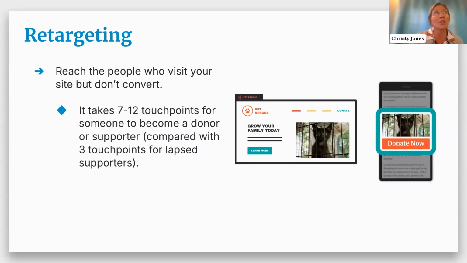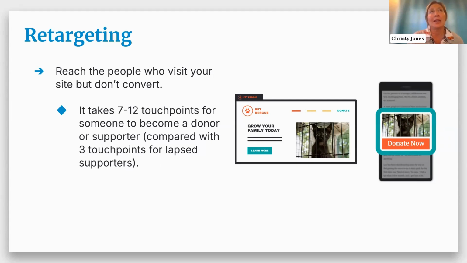When we are driving folks to those pages, if they land but don't click on any buttons, that is where we're capturing them to retarget. Because as Isa pointed out, we want them to come back. We want them to essentially see us where they live and breathe in the digital sphere.